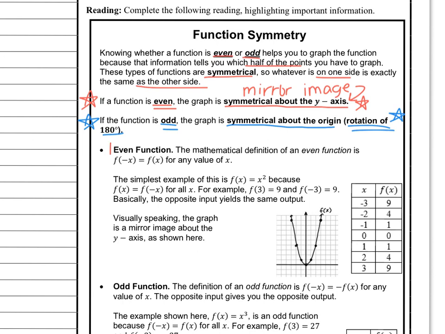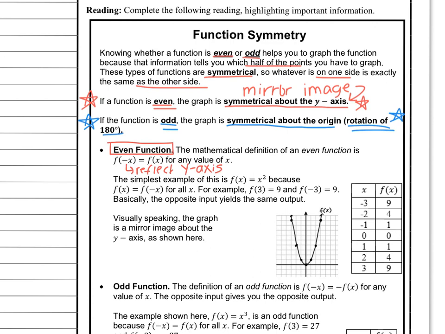The mathematical definition of an even function is f of negative x equals f of x, which means you're reflecting over the y-axis. Because it's affecting the x's, it's changing all your negative x's to positive and all your positive x's to negative, and it makes that mirror image.